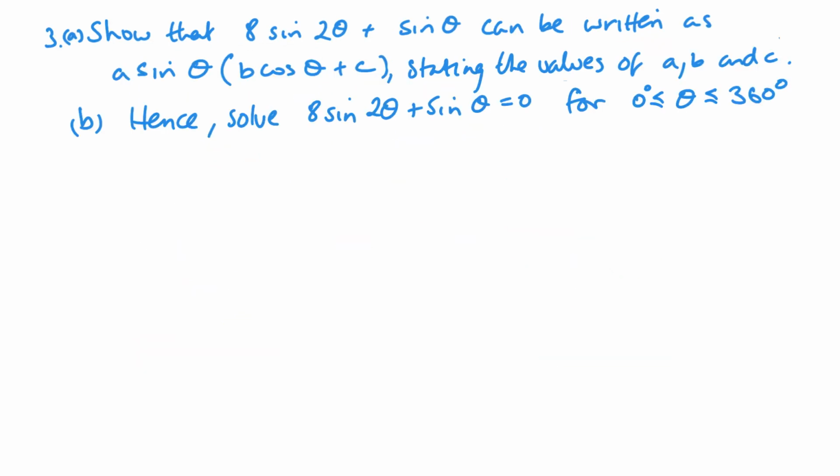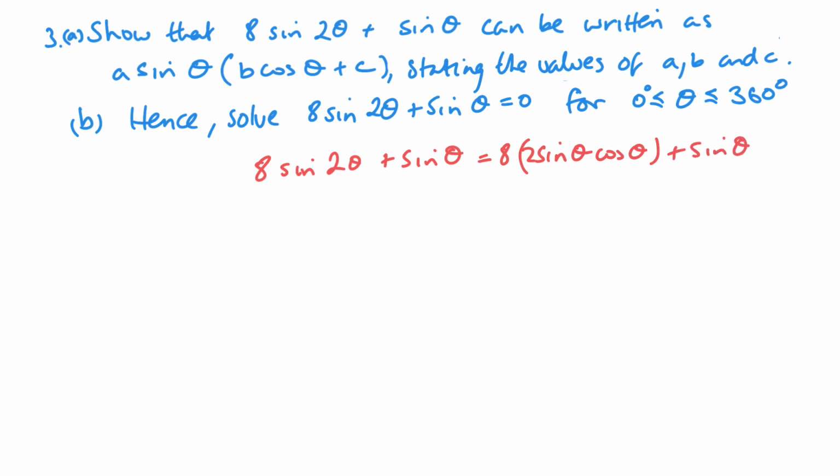So very similar to the last one, we've got 8 sine 2 theta plus sine theta. If I use my double angle formula, sine 2 theta becomes 2 sine theta cos theta.